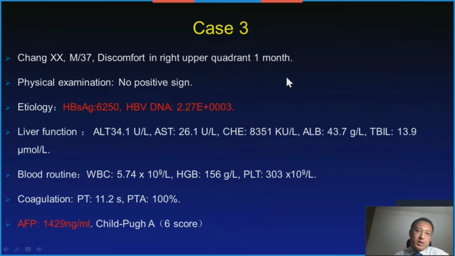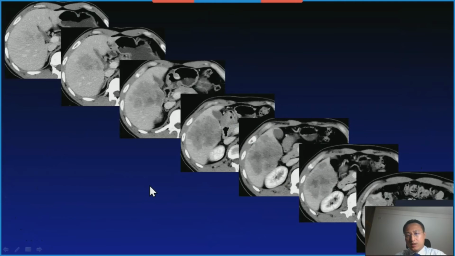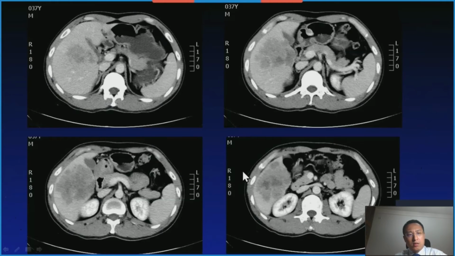This is a special patient. This patient is HBV positive, liver function and blood routine are normal, and AFP is very high, more than 1,000. This patient has a very big tumor in the right lobe. Here, the tumor in the right lobe.